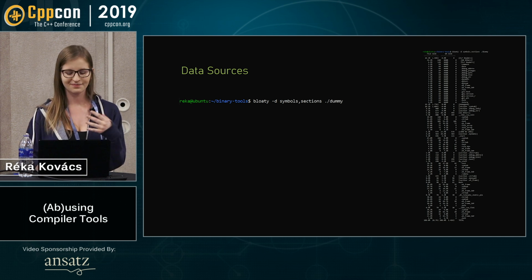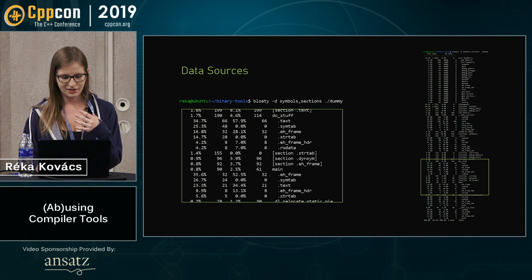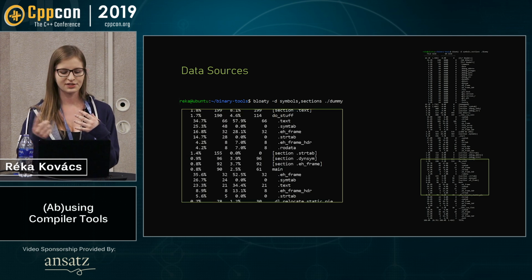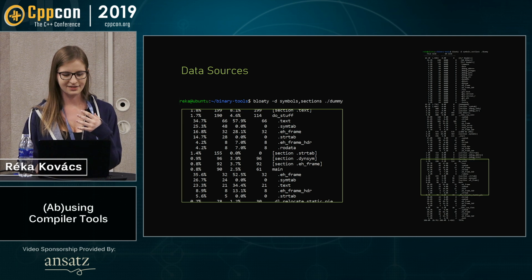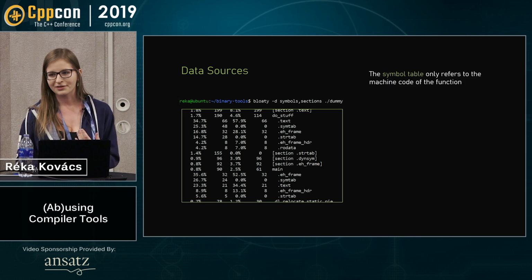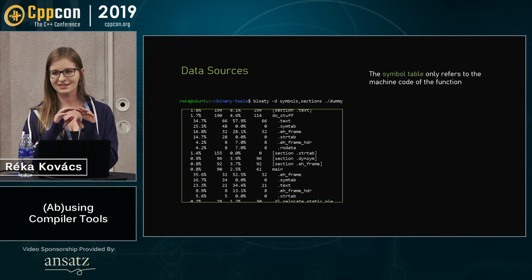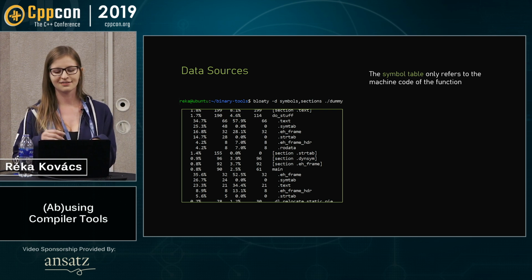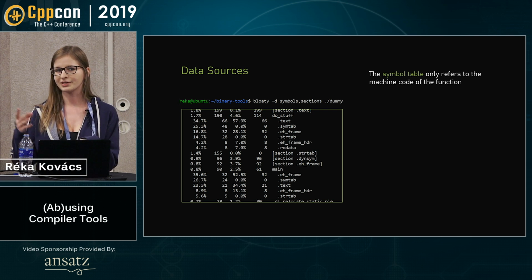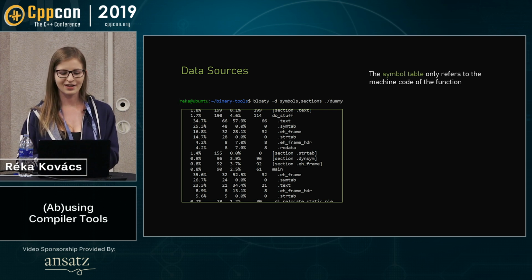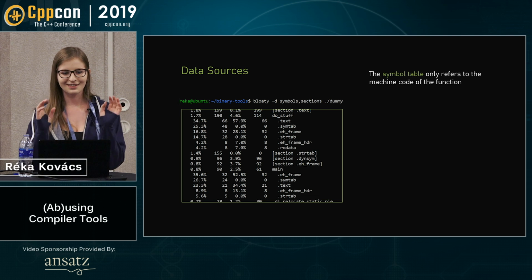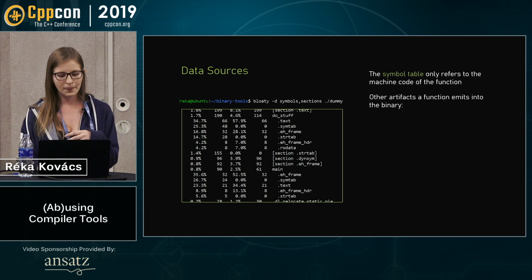This is also very small, so I'm going to zoom into our two functions, doStuff and main, and you can see that there are a lot of sections in there. My first thought would be to look at a symbol table, which has an entry for my function and a pointer to where the machine code starts. But that's just a small part of everything that's connected to that function.